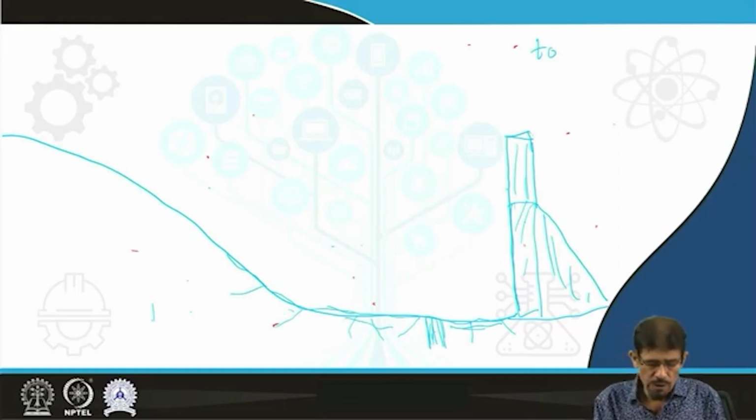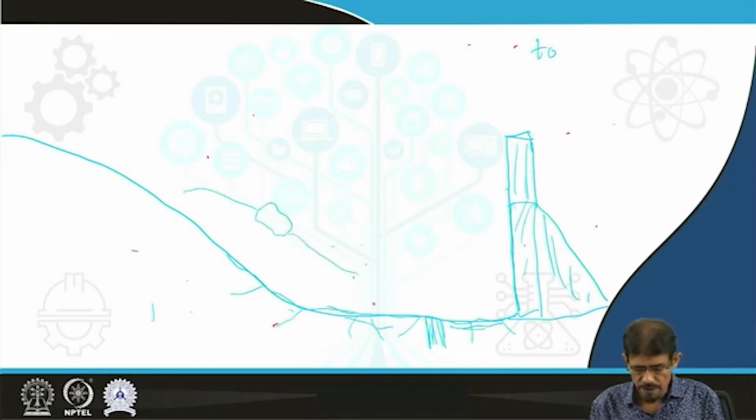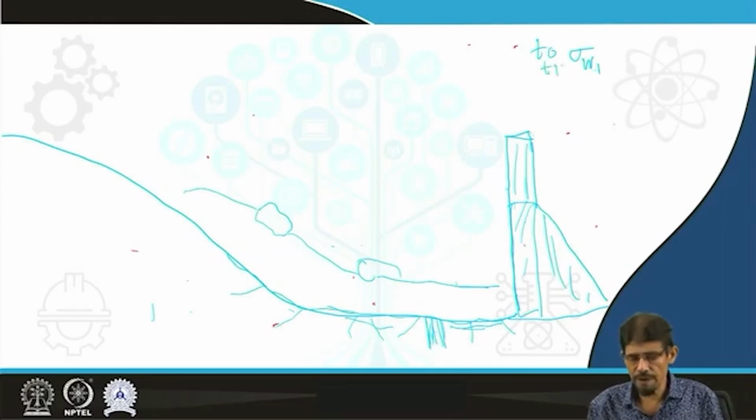When we are going to release some quantity of water to the dam, then there is an increment in load of water, sigma W1 at time T1.